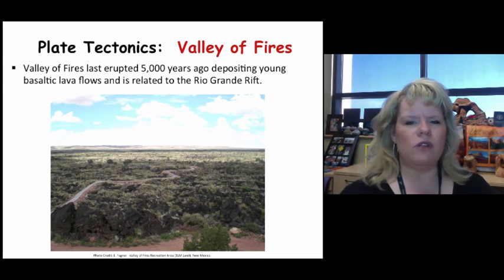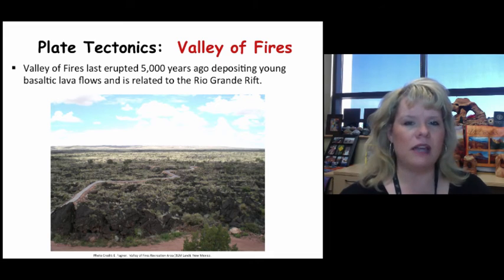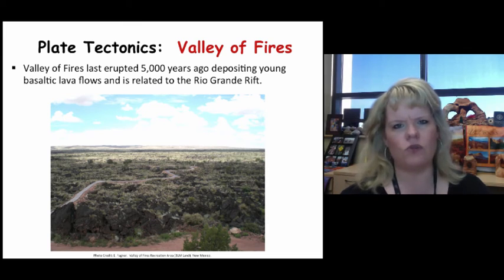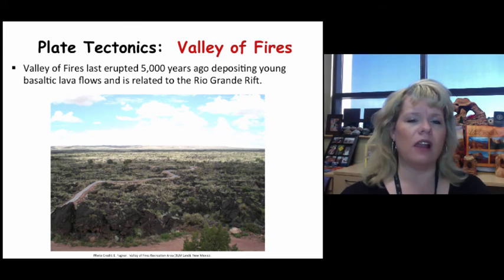So it's a very, very young lava flow, and I highly advise going to this, it's BLM lands, and it's a kind of a recreation area, and it's a neat place to really walk through and see some thick lava flows, which were flood basalts called the Valley of Fires.